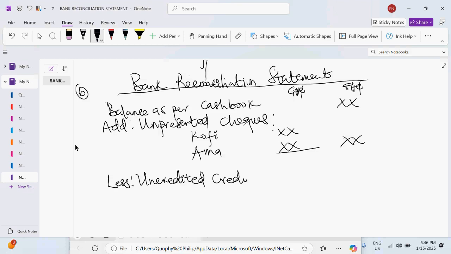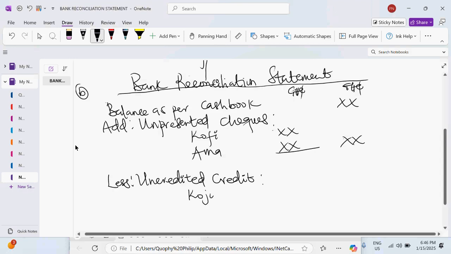Then we have the uncredited checks, where the checks have been presented to the bank, but the bank has not yet credited the account of those suppliers, right? They have the checks, but they are yet to credit the account. So that is the uncredited checks.